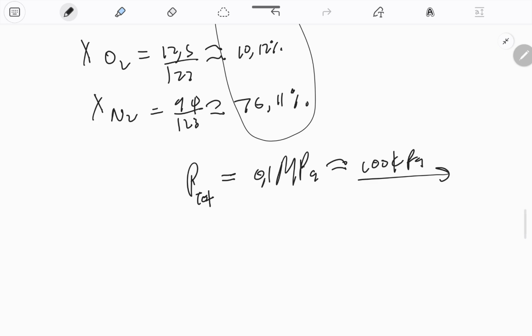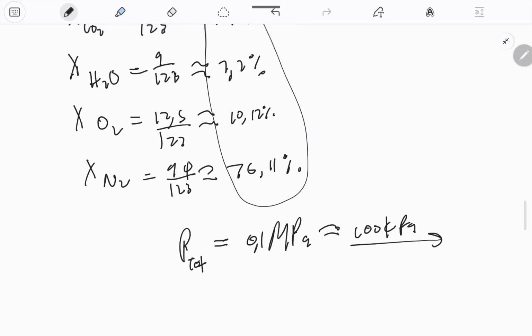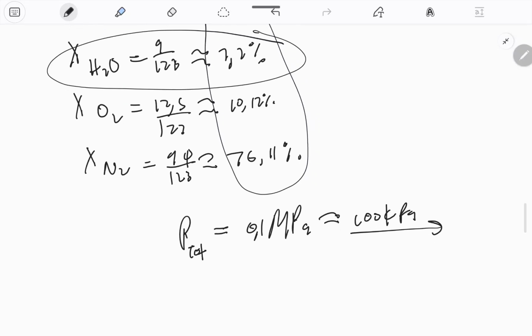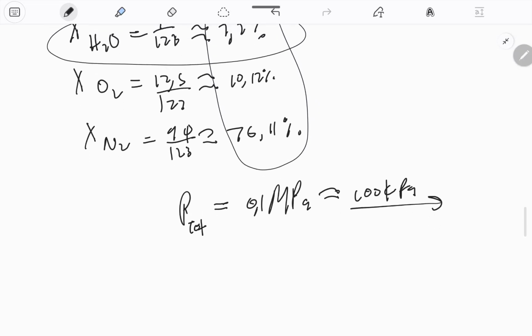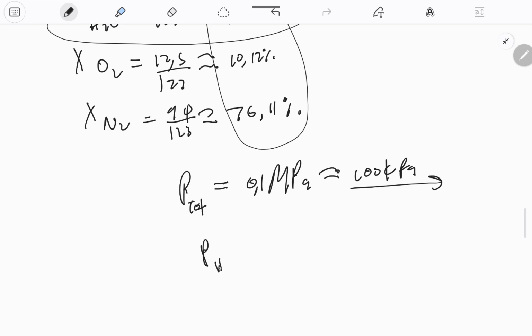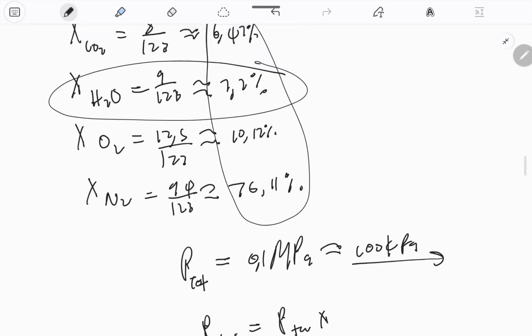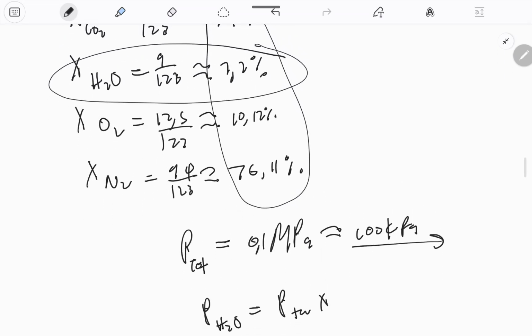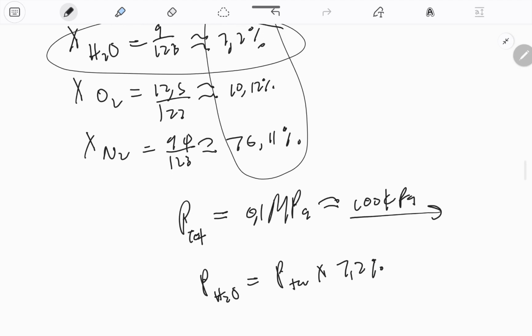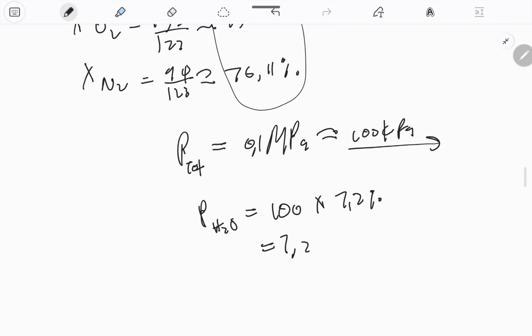Now we're trying to find the pressure on the water part. The partial pressure of water should equal the total pressure multiplied by its contribution, which is 7.2%. So if this is a percent out of 100, we're likely going to get 7.2 kPa.